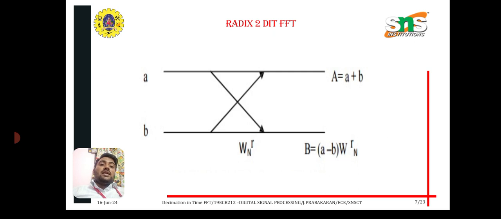We already discussed the twiddle factor. W N of r equals e power minus j 2 pi divided by capital N. This is the mathematical expression for the twiddle factor. The upper output of radix 2 DIT is capital A equal to a plus b, and the lower output is a minus b multiplied with the twiddle factor.